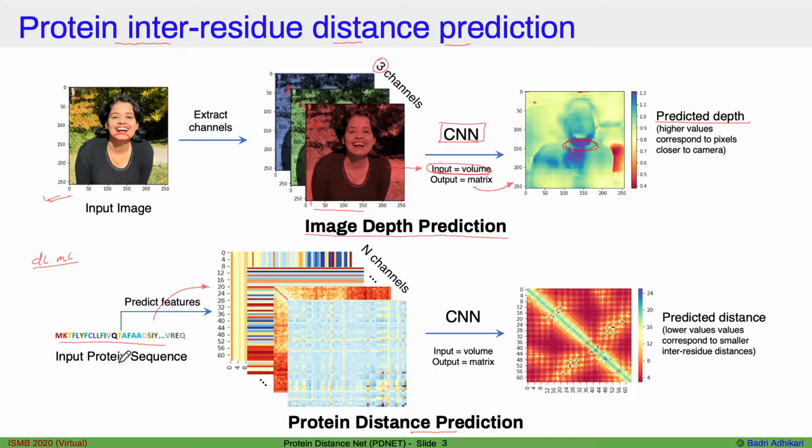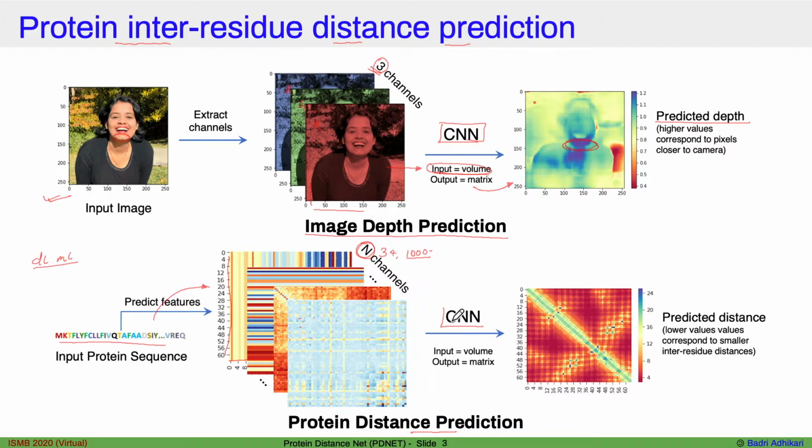But then what comes out of all of these predictions is a similar thing, a volume where we have the x and y axis representing the protein chain. Each dot represents pairwise features, and then we have n channels. Instead of 3 channels in images, we have n channels, and this n could be 3, 4, sometimes even up to 1,000 channels.